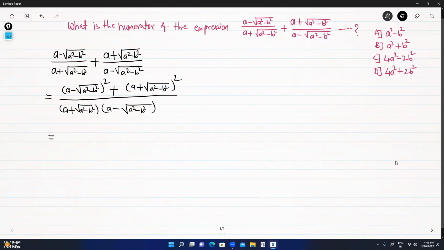So what is the expansion? The formula for that is the square of the first term, minus 2 times the product of the two terms, that is a under root a square minus b square, plus the square of the second term. Since the second term is in the root, the root will be cancelled out and its square will be a square minus b square. Then plus, again we have (a plus under root a square minus b square) whole bracket square as the second term in the numerator.